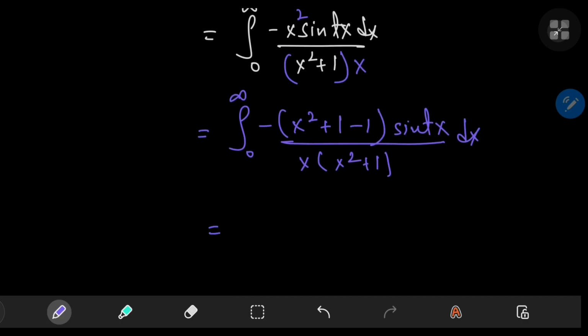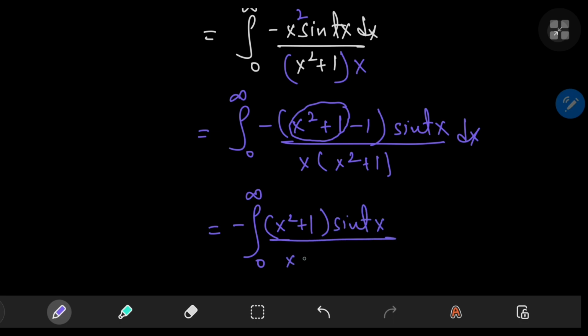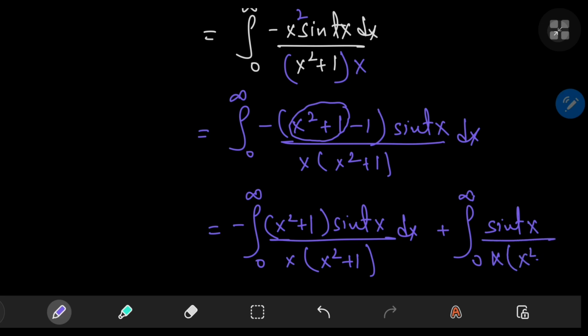Well, if I isolate this x squared plus 1 as a single term and then apply the distributive property, I will have the integral from 0 to infinity, a negative sign here, of x squared plus 1 times the sine of tx divided by x times x squared plus 1 dx, and two negatives will cancel out, so we have a plus sign, integral from 0 to infinity of sine tx divided by x times x squared plus 1 dx.